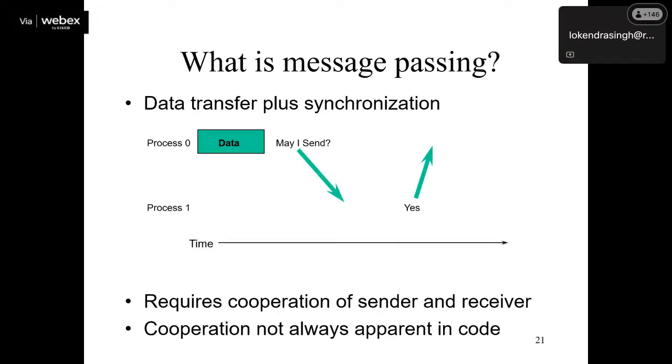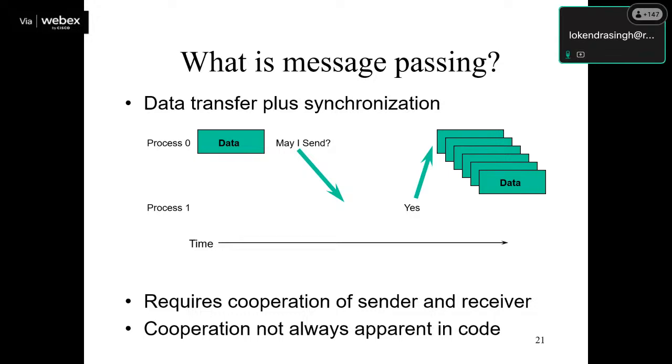You can see with the help of the pictorial how data gets generated, and how data transfer plus synchronization happens. Here we are using only 2 processes, process 0 and process 1. Process 0 creates the data and sends it to process 1.